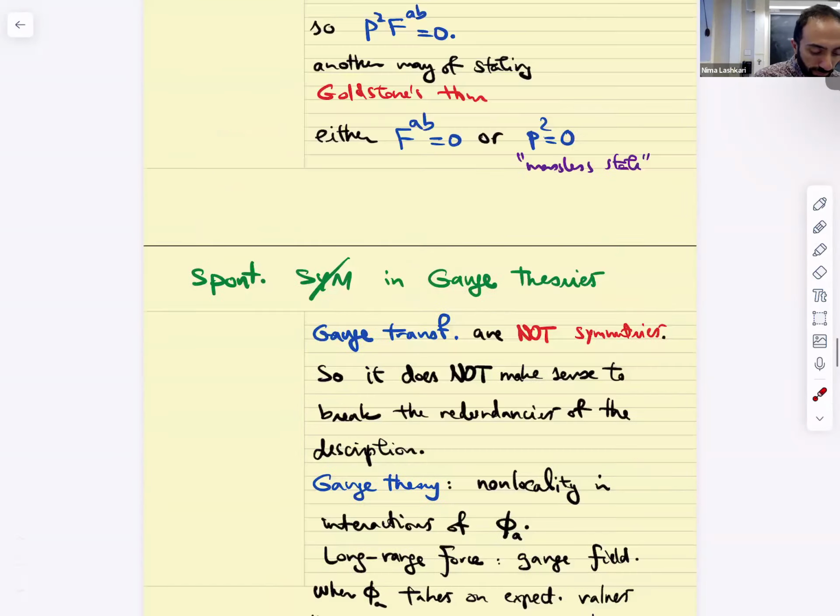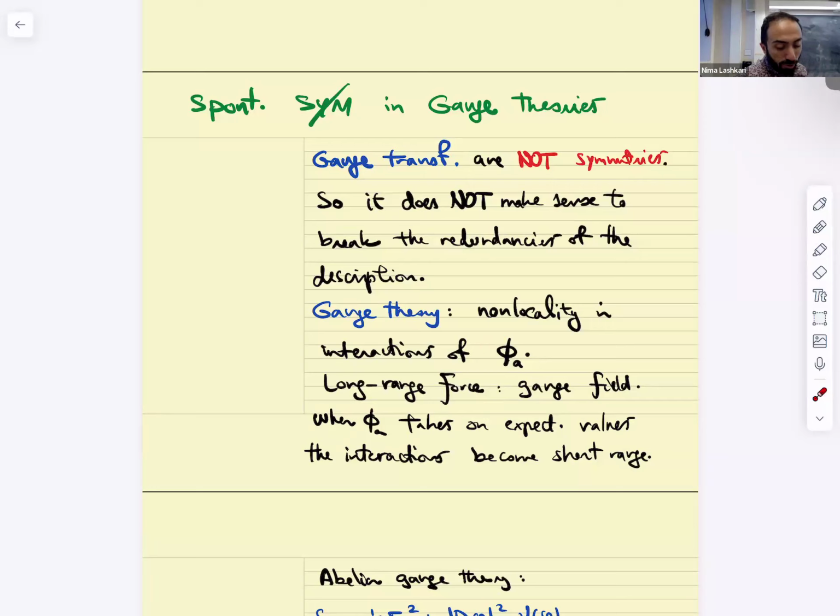When phi a acquires vacuum expectation values, that is a set of spontaneous symmetry breaking. Now, the gauge field that you introduce as a redundancy of the description to describe these non-localities will no longer be long range, it becomes short range. That's the physics of what's going on.